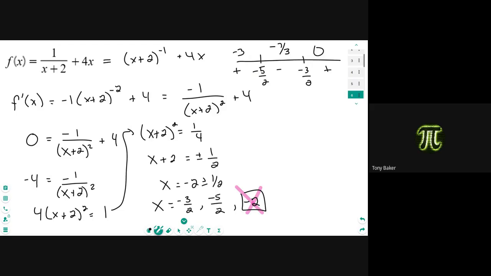You should get a positive on the -3, a negative on the -7/3, or whatever number you chose in there, and a positive on the 0.